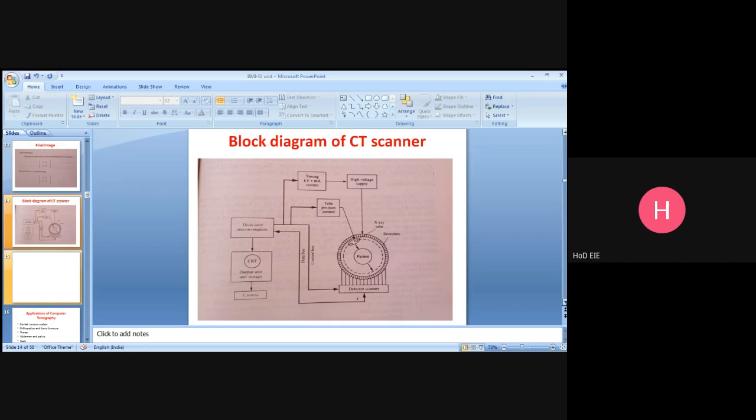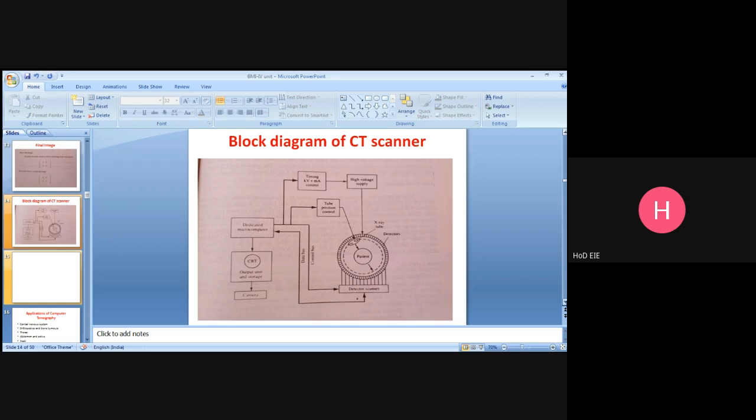Accordingly, based on your tissue density, a certain proportion of the x-rays will penetrate through your tissues and a certain proportion is absorbed. There is a difference between the absorption by your high density tissues and your less dense tissues. As I said, the X-ray photons impinge upon your detectors, and these photons are converted to scintillations.